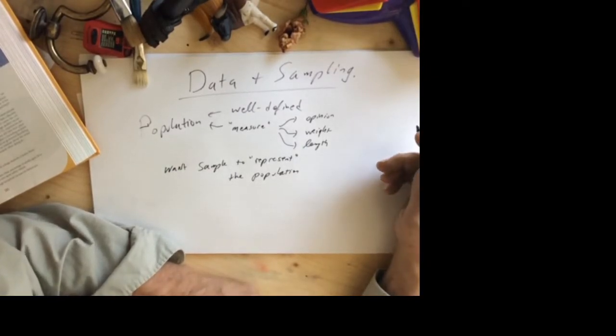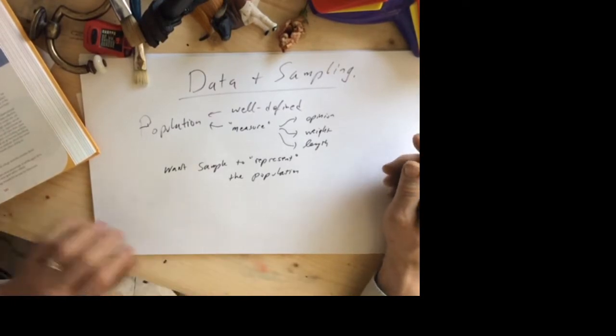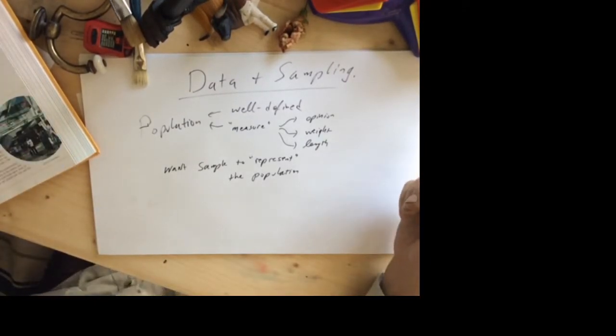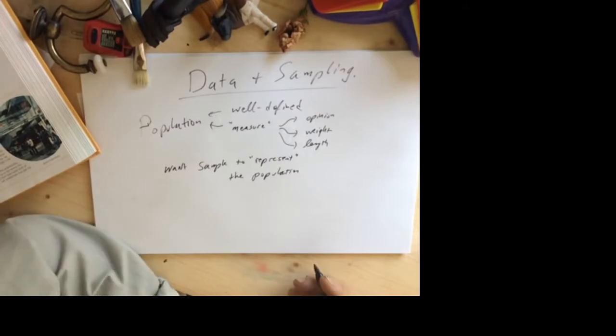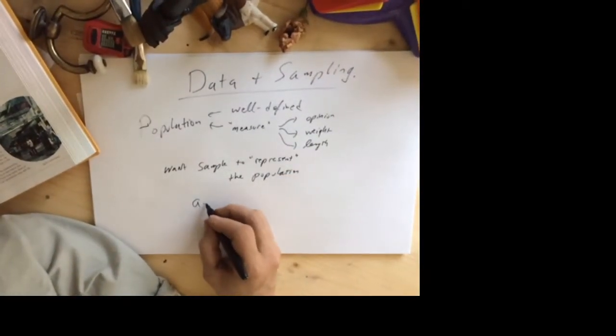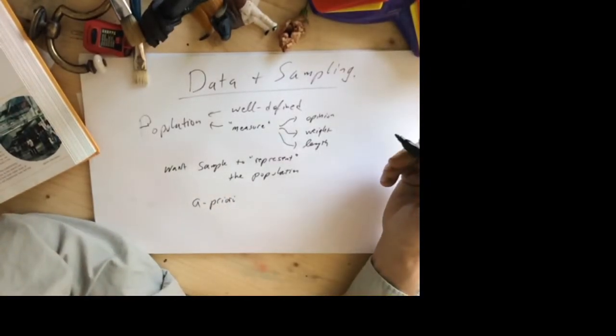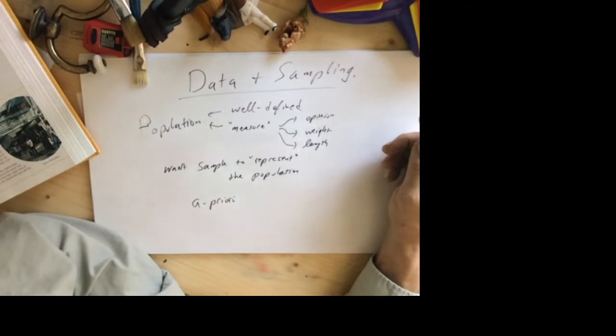But the problem is, we may be wrong about what we think we know about our population. So we have to be very careful when the population is very, very large. Frequently, we have no a priori, it means in advance, knowledge about the population.